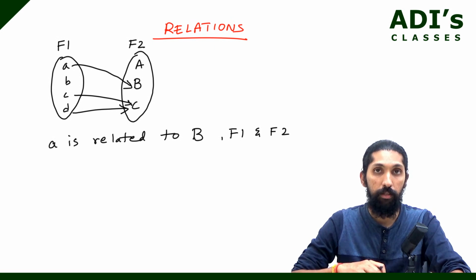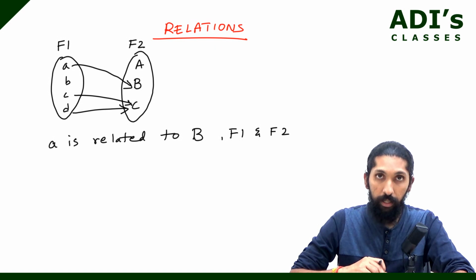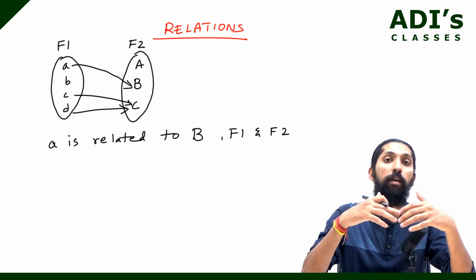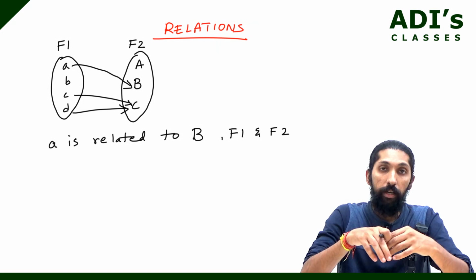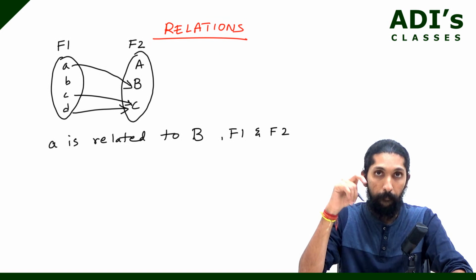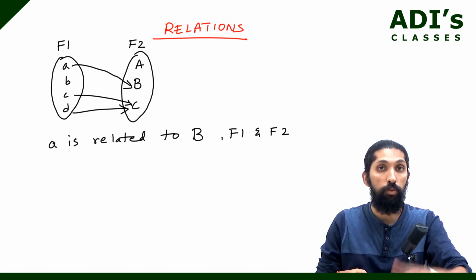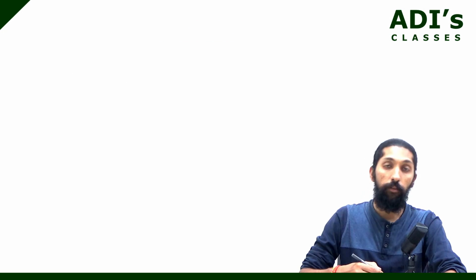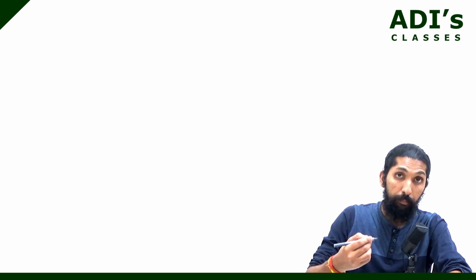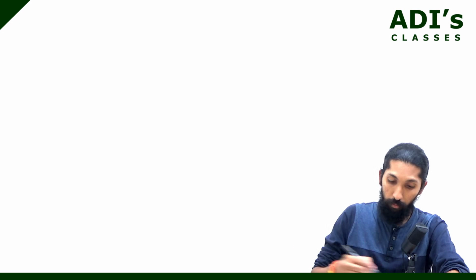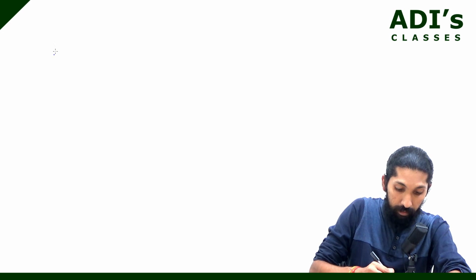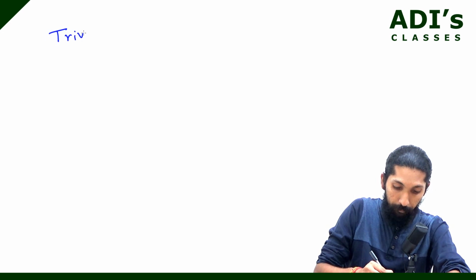Now, mainly we have a broad classification into two categories. Let's look into what those two categories are. The first type of relation, we name them as trivial relations.